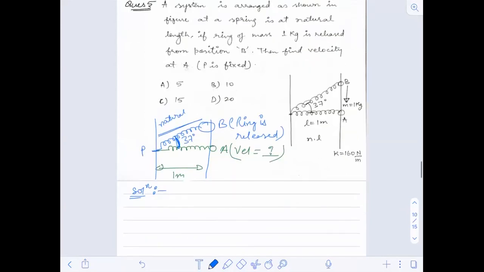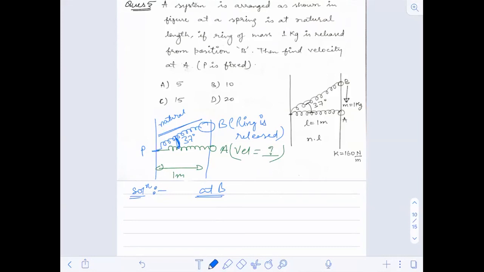Now see here, what we actually have to do is this: when it is at B, the spring is in its natural length, so the potential energy of the spring is not there.